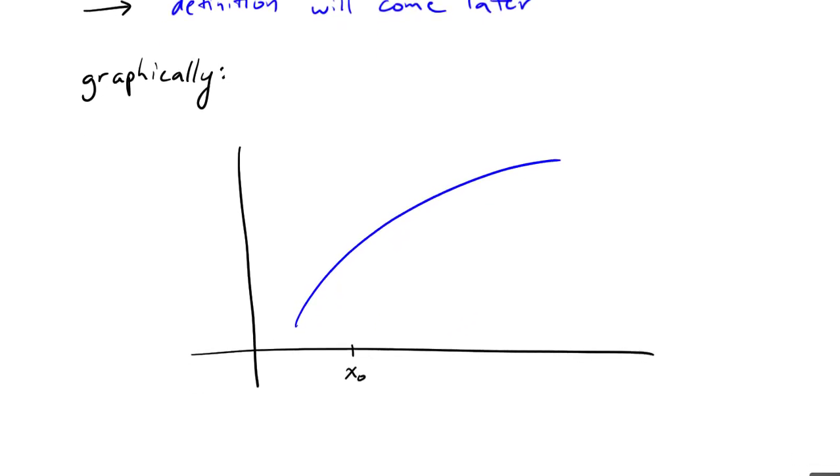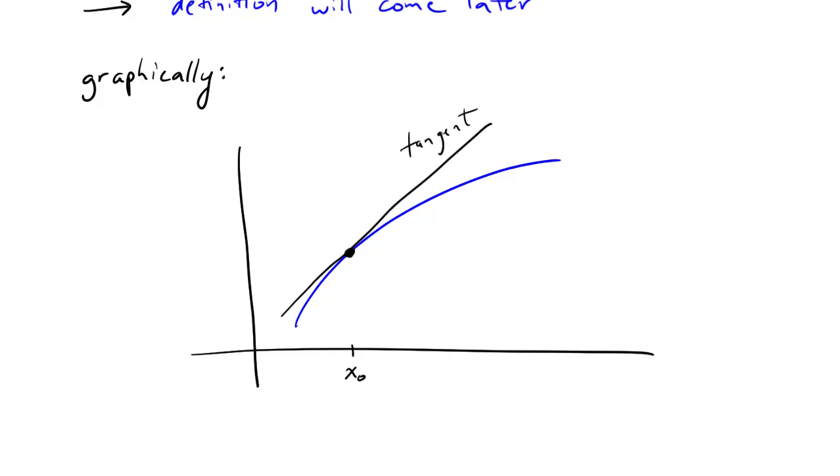So graphically, what are we talking about? Well, now let's just focus in on one point, the x0 point. So now we just have this point here at x0, and what would be the line that we're going to look at? Instead of looking at a secant line, we're now going to look at the tangent line, the line that just touches at x0.